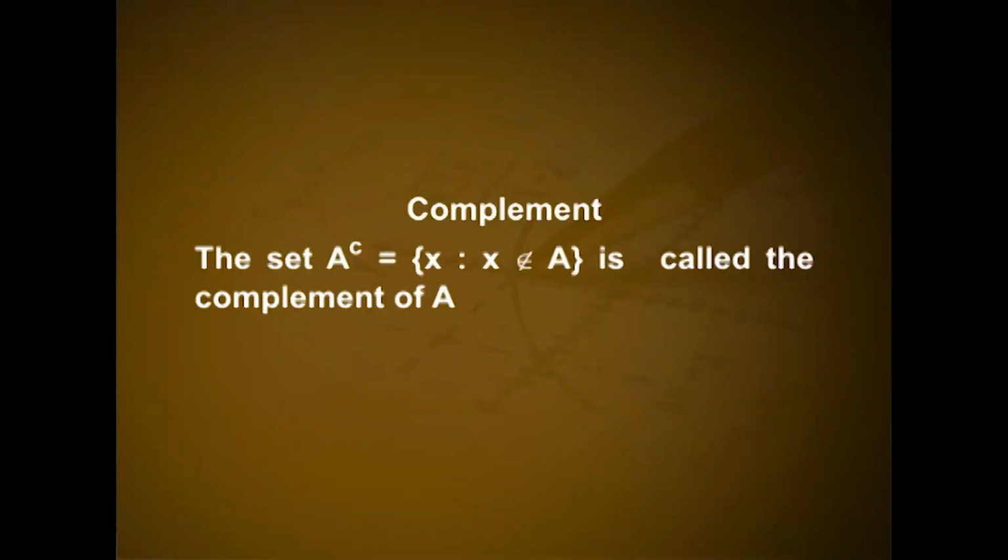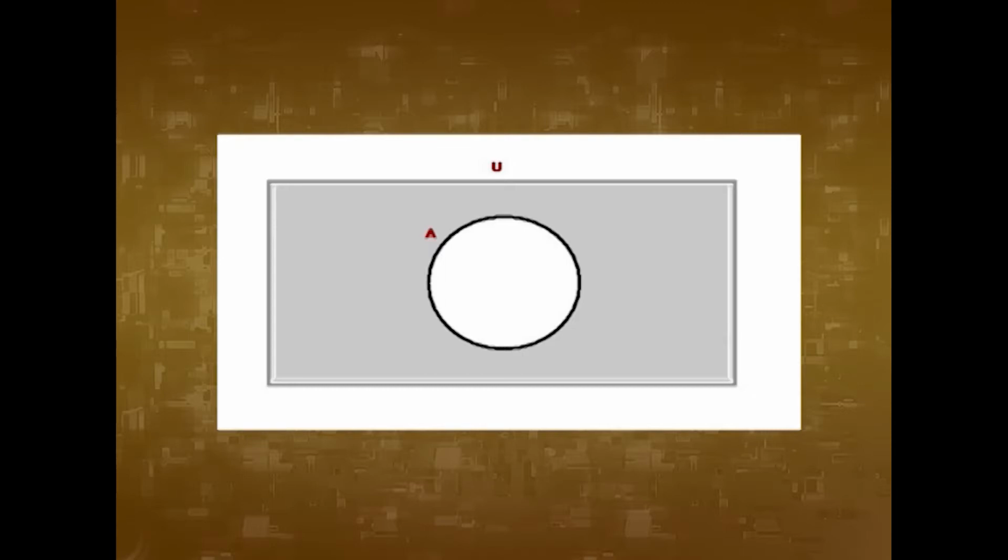For the set A, the set A complement equals the set of all x such that x is not an element of A, and is called the complement of A. The shaded portion represents the complement of the set A.